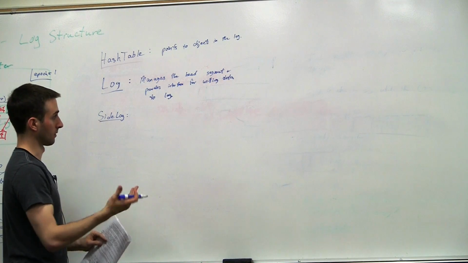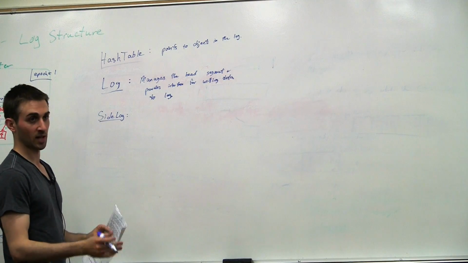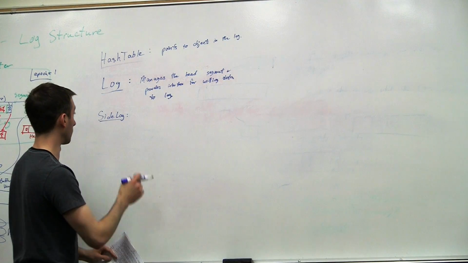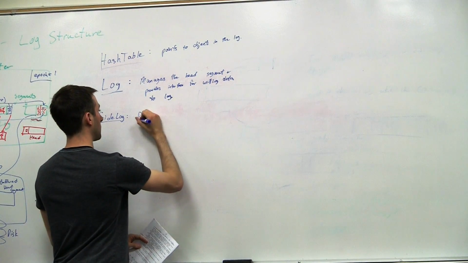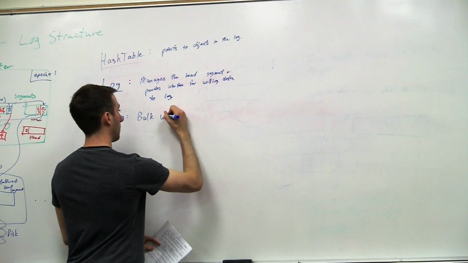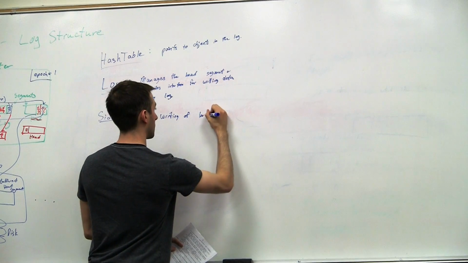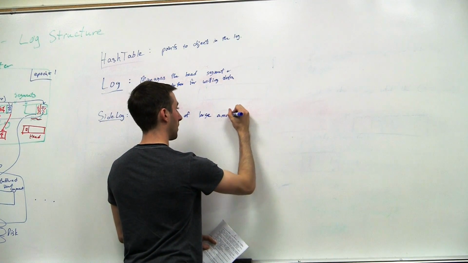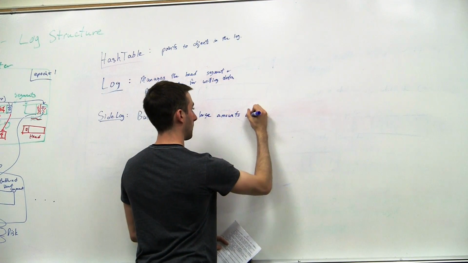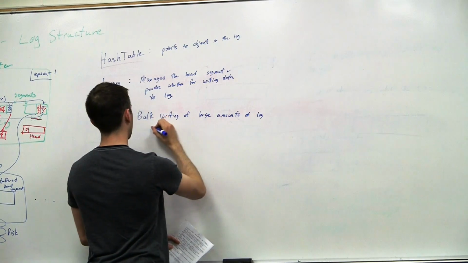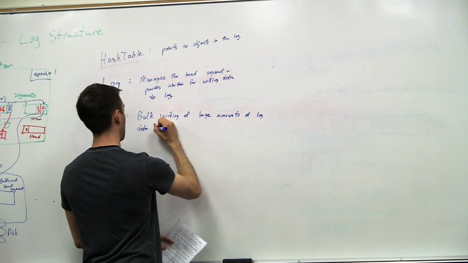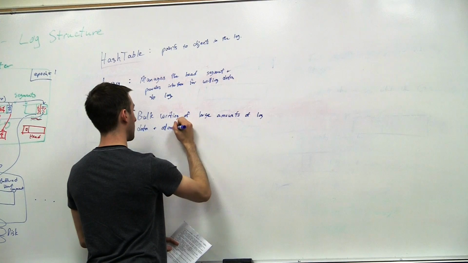So Ryan can go into this, but we can relax a lot of backup constraints and make it a little bit more efficient. So this is basically used for bulk writing of large amounts of log data and atomically fusing it onto the log.